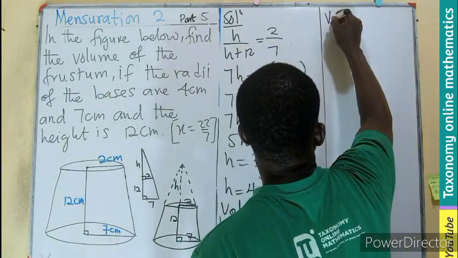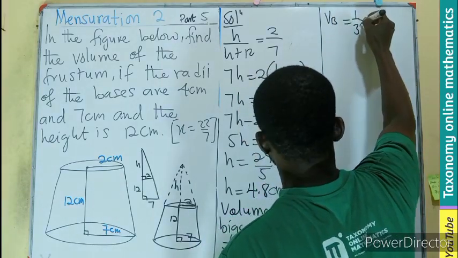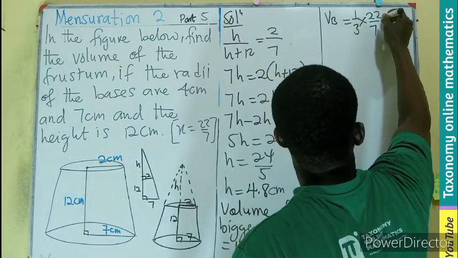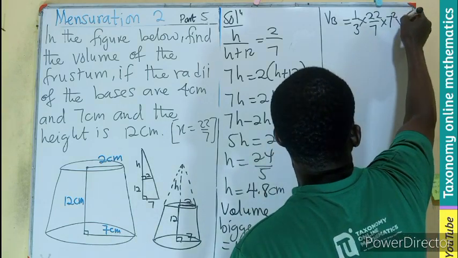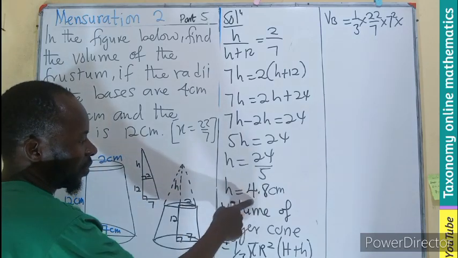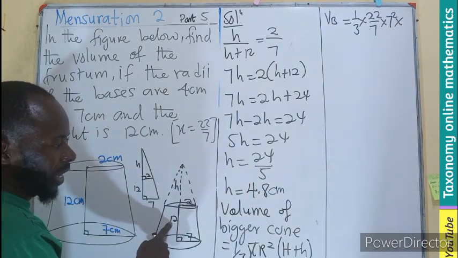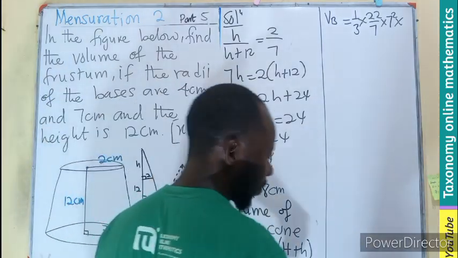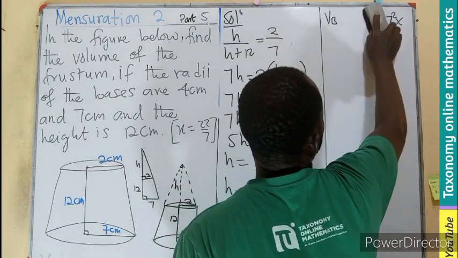So the volume of the bigger one will be equal to 1/3 times 22/7 times 7 squared times (4.8 plus 12), that will be 16.8. Let's just write this down.